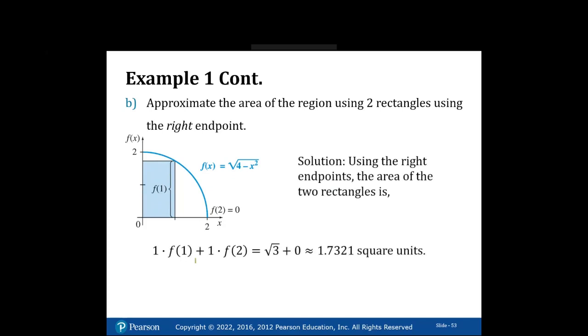So here you can see f of 1 and then f of 2. f of 2 is 0. f of 1 is square root of 3, so 1.7321 approximately, which obviously is very low, right? It's not a very good approximation.